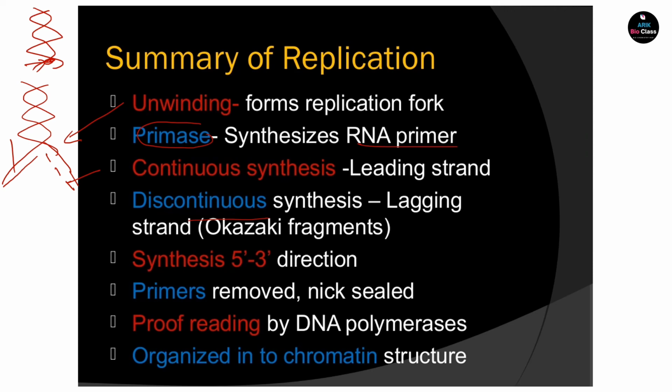Synthesis is possible in 5' to 3' direction, so that which is 5' to 3' will be called the leading strand, right? And then the primers are removed, nicks will be sealed, healing will be done, and both of them will be a continuous DNA strand. Then the proofreading will be done by DNA polymerase.